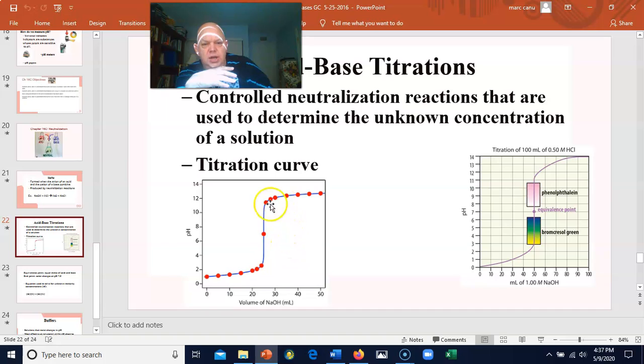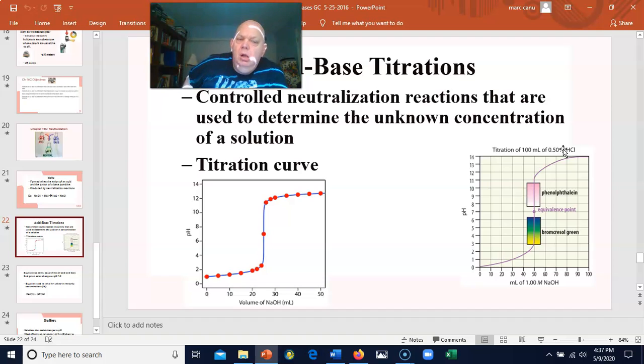So what are we interested in? We're interested in this middle part here, because this is telling us how much base we need to add to the acid to neutralize it, to make it a pH of 7. That's the whole idea behind an acid-base titration. Okay, so when we look here, we have a titration of 100 milliliters of 0.5 molar HCl.